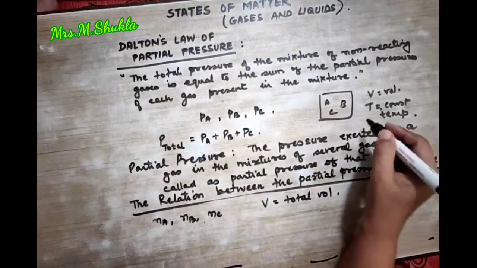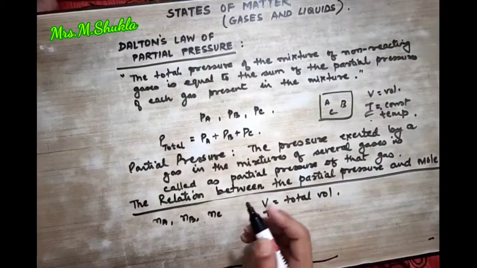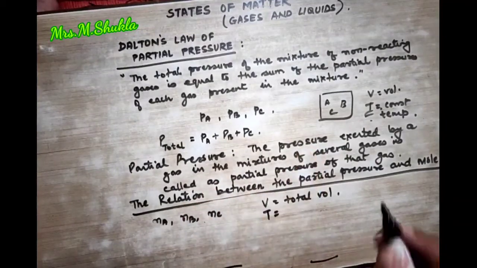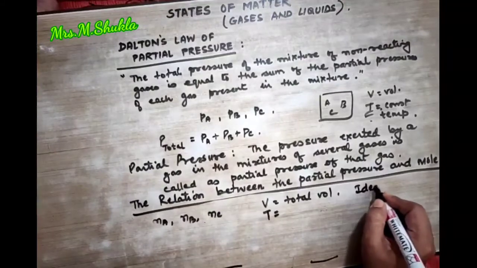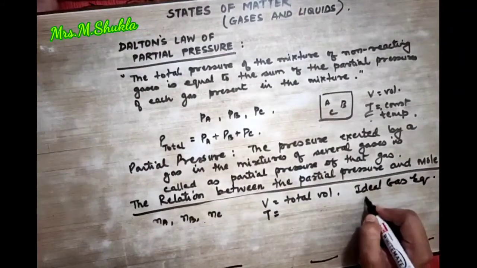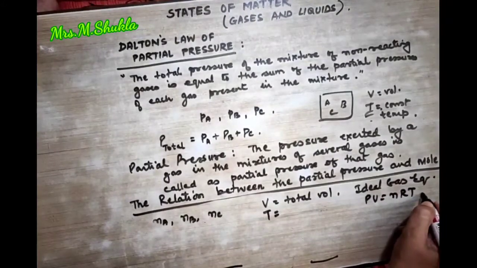That constant temperature could be a capital T. Now suppose that each gas obeys the ideal gas equation. What is your ideal gas equation? PV is equal to nRT.